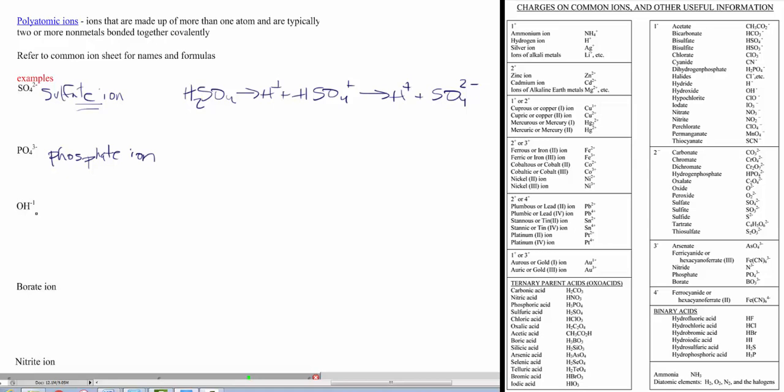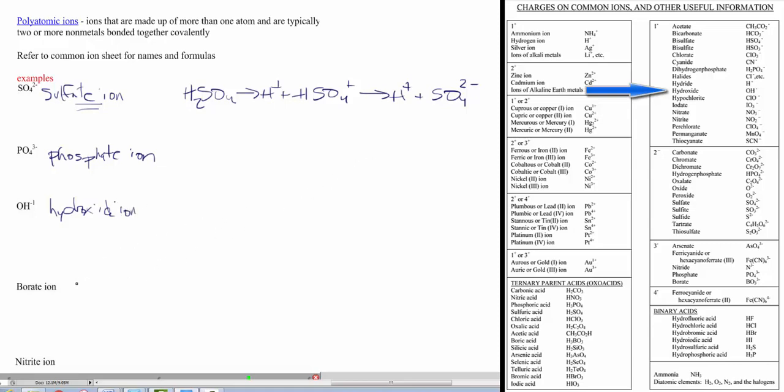But again, because we use this ion so often, we've listed its name for you on that common ion sheet. And again, under the OH- 1 ion, if you look on your common ion sheet, you'll notice this listed as the hydroxide ion. So again, we can give the name here as hydroxide ion.